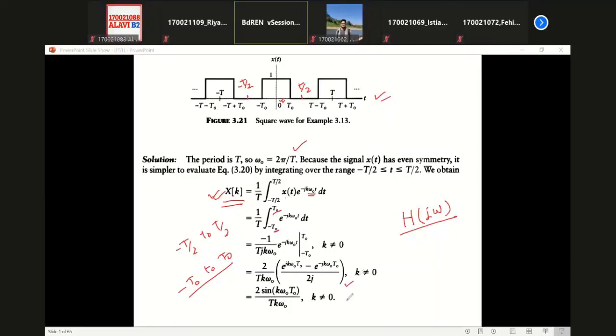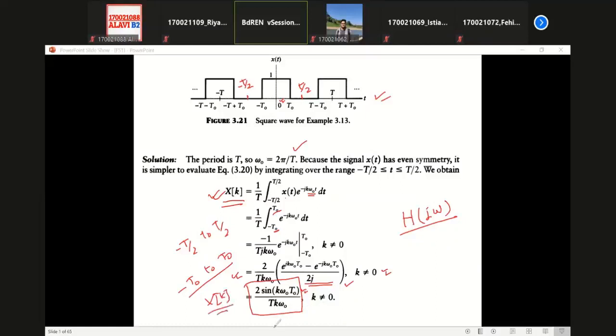You see that if your k equals 0, then this expression cannot be evaluated. The reason is that at k equal to 0, it becomes undefined. So by using the Euler identity, you can easily express this quantity as a sinusoidal function, something like this. Then this will be the expression for our xk.